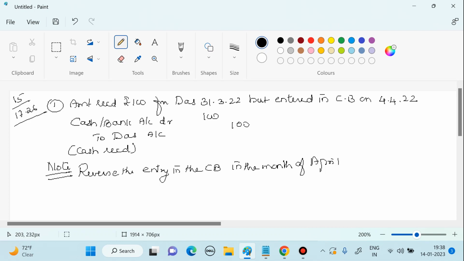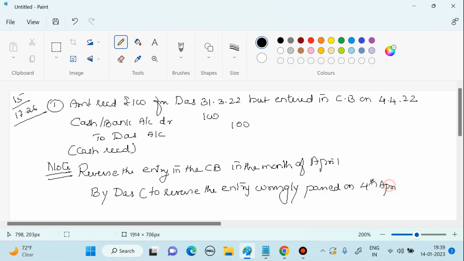We have to give a credit. So on the payment side or on the credit side, we would write by Das to reverse the entry wrongly passed on 4th of April 2022, 100. Got it?